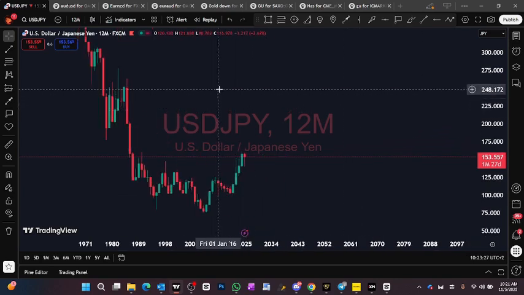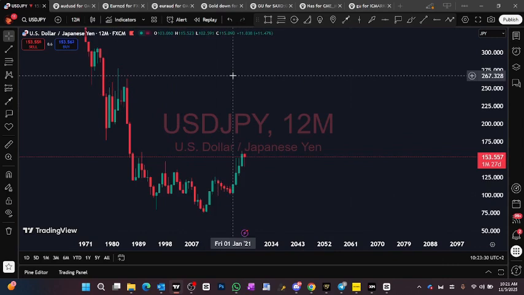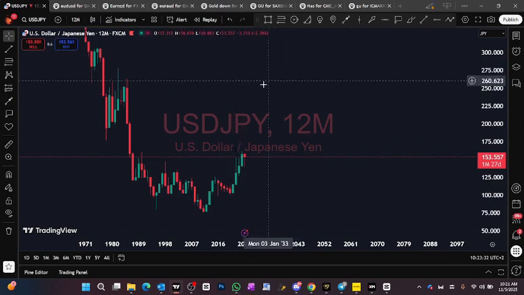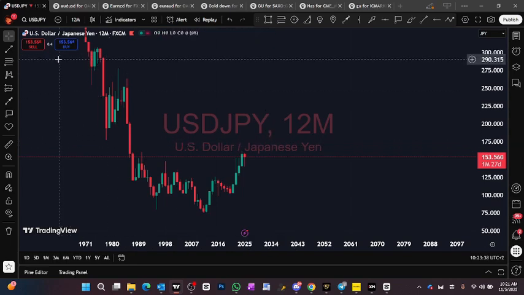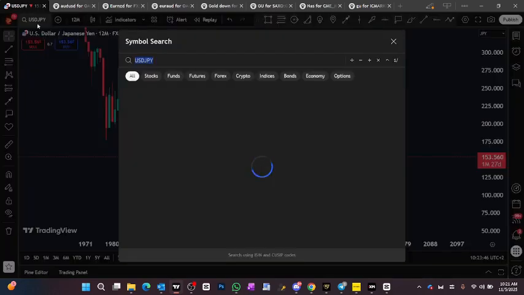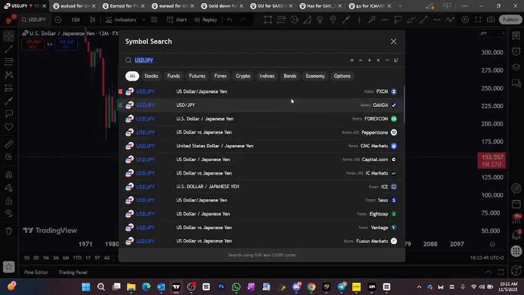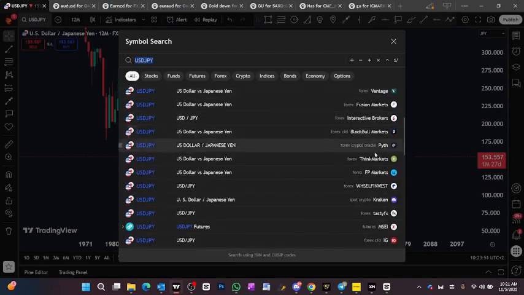about TradingView is that it has different brokers, and different brokers have different historical price for the trades. Say like now for UJ, you see these different brokers.